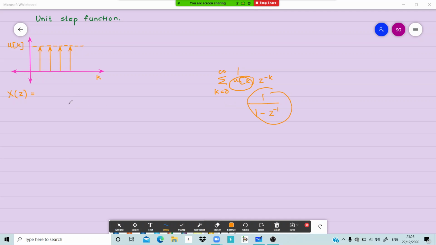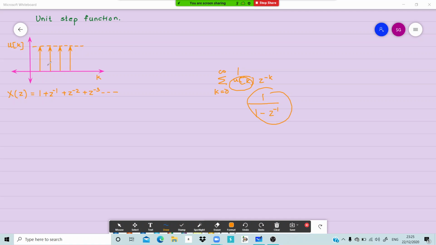Even if we substitute over here, first term will be k equal to 0, that is 1, plus z raised to minus 1, z raised to minus 2, z raised to minus 3, and we'll continue.